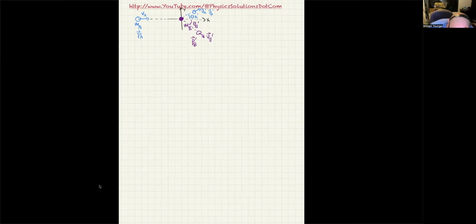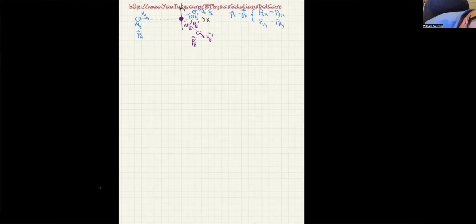Because of that, we can use conservation of momentum to say P initial is equal to P final. That breaks down into P initial in the x direction equals P final in the x direction, and P initial in the y direction equals P final in the y direction. And that's where we're going to go from here.